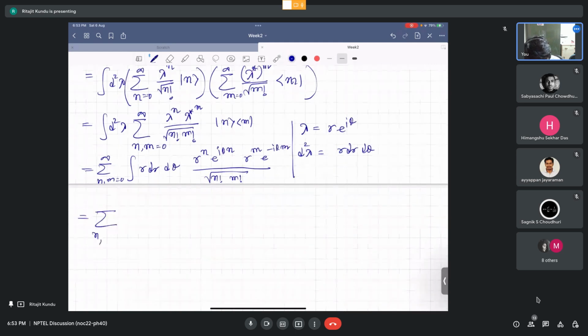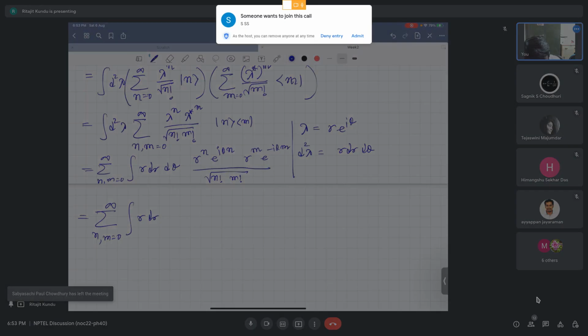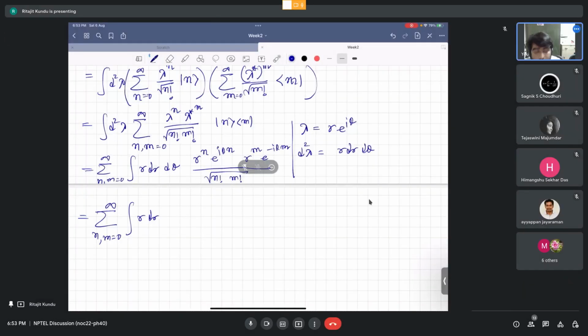So n, m equal to 0 to infinity, then there is r dr, and let me write all of the r's together: r to the power n plus m plus 1, and there is this theta integral d theta e to the power i theta (n minus m), where theta goes from 0 to 2 pi and r goes from 0 to infinity, because we have to cover the whole complex plane. And there is additionally this denominator n factorial m factorial.